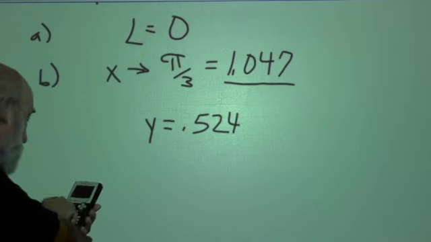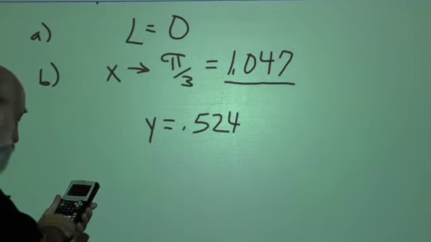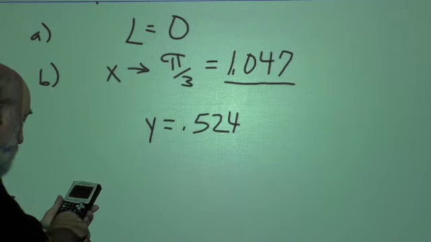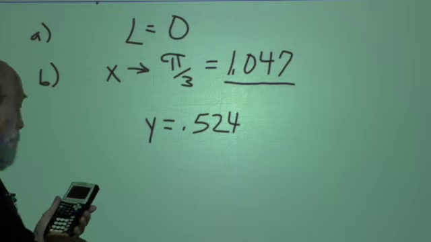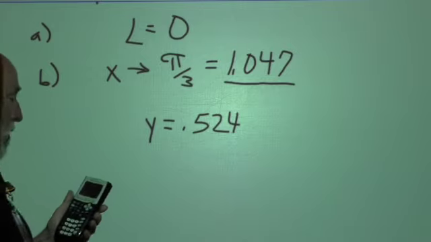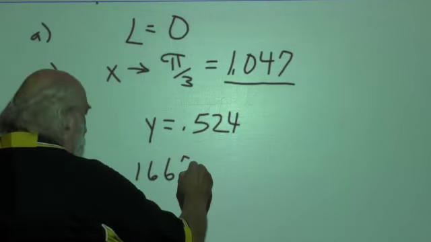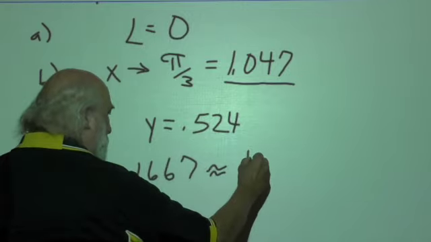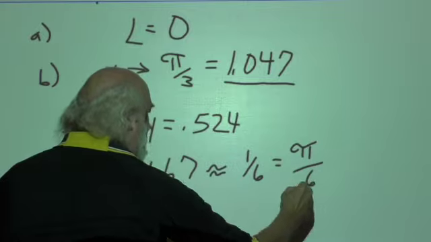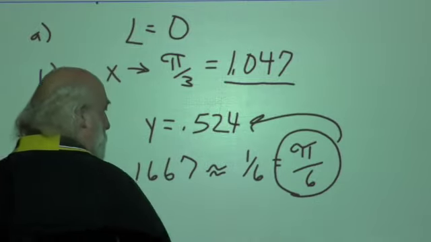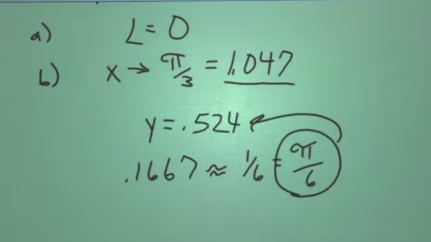So second quit, and let's take 0.524 and divide it by pi. Second pi, and we get 0.1667. If you know fractions and decimals, 0.1667 is approximately 1/6. So this is going to be equal to pi over 6. And then double check and take pi over 6 and make sure you get 0.524. So that's how we do that.